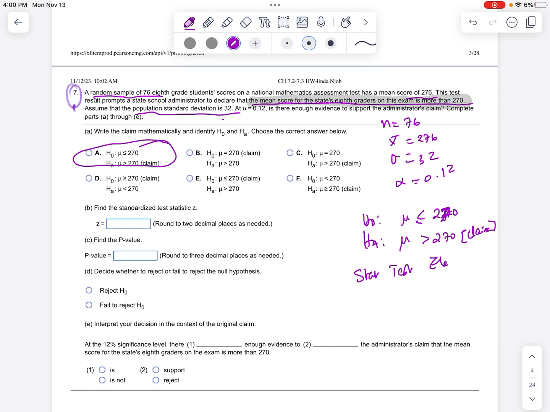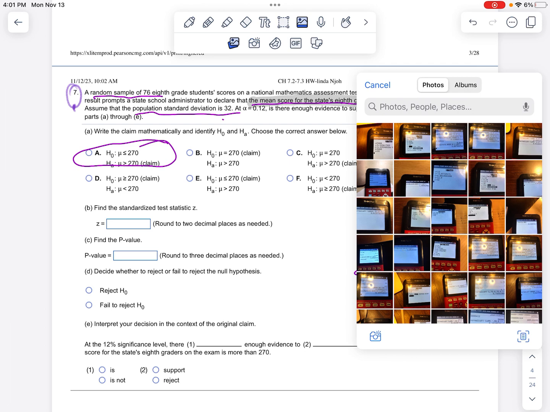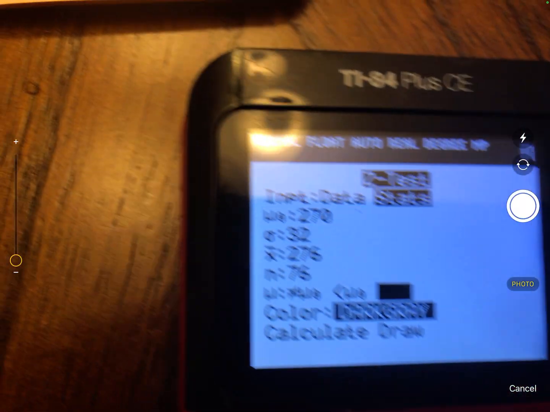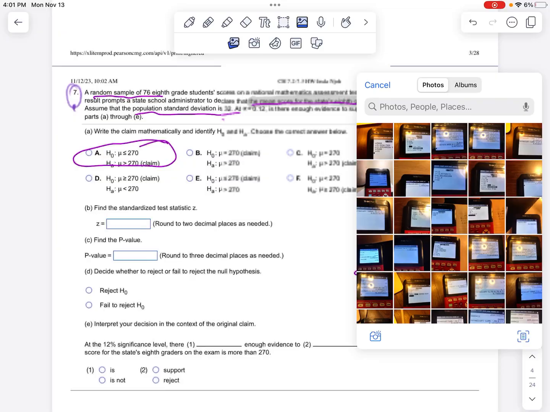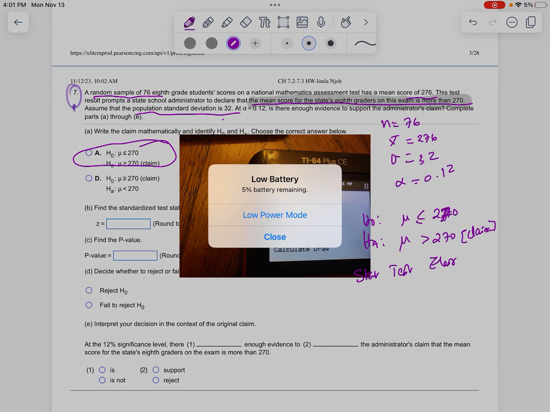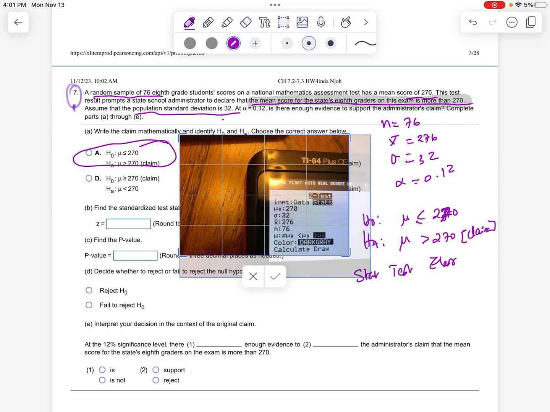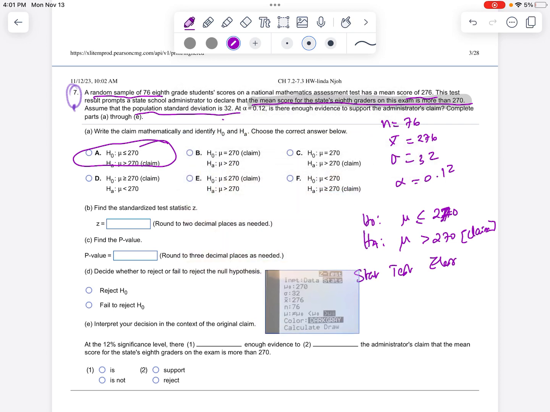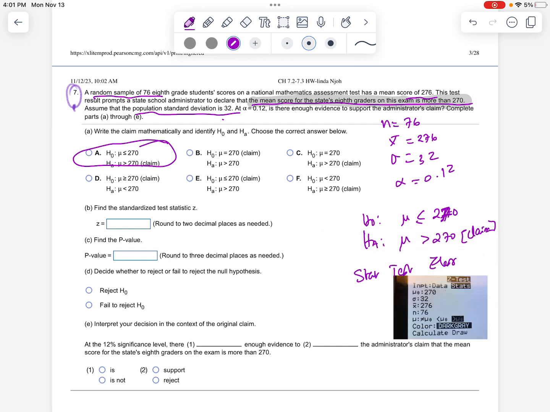Mu 0 is 270, sigma is 32, x bar is 276, n is 76, and this is the more than test. Let's take a picture of that really quickly. And then we calculate.